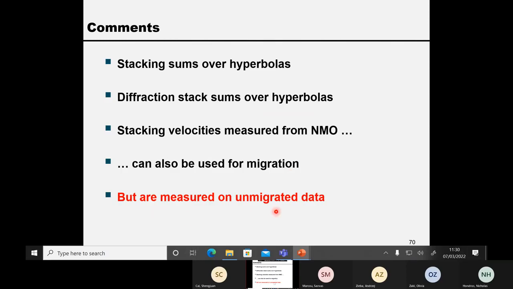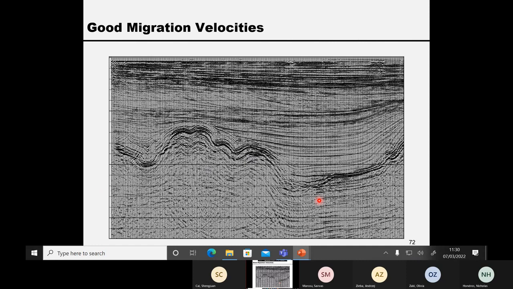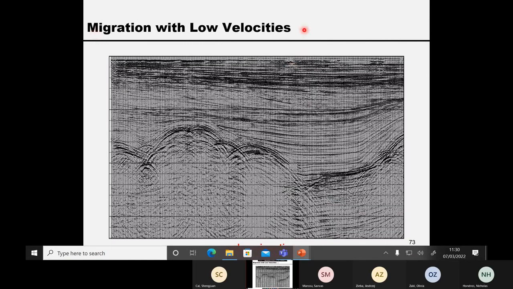The velocity is measured on unmigrated data. That's the stack section we showed before. We have a bow tie structure, and we have diffractions. We have a good migration result because we have a good migration velocity. So velocity is important. But if you have a wrong velocity, for example a lower velocity, it is over migrated, and this one is not fully focused, right?